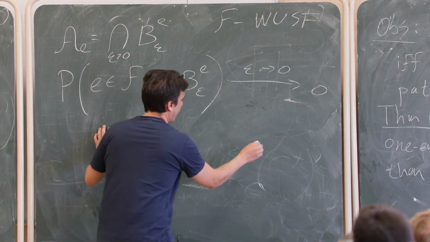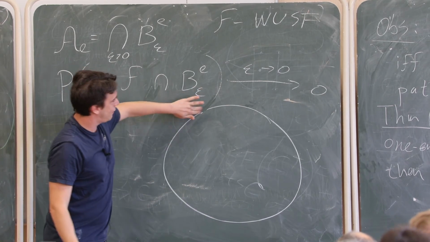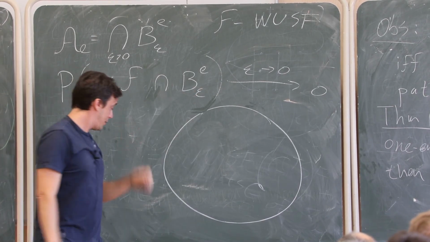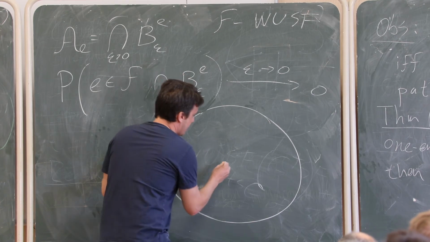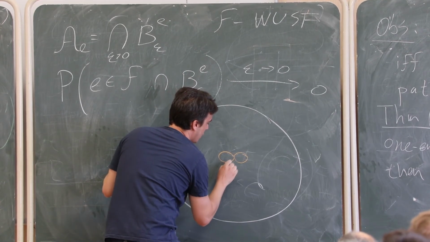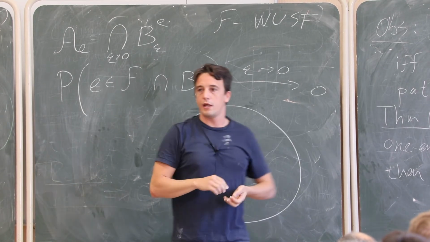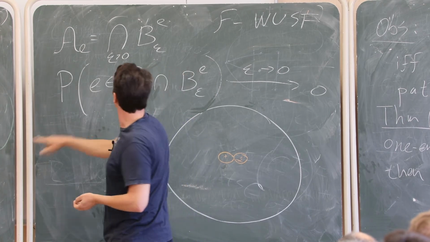Let's draw the picture again. Here is the picture, and here are the two vertices x and y, drawn as circles. I'm conditioning on the event B epsilon.